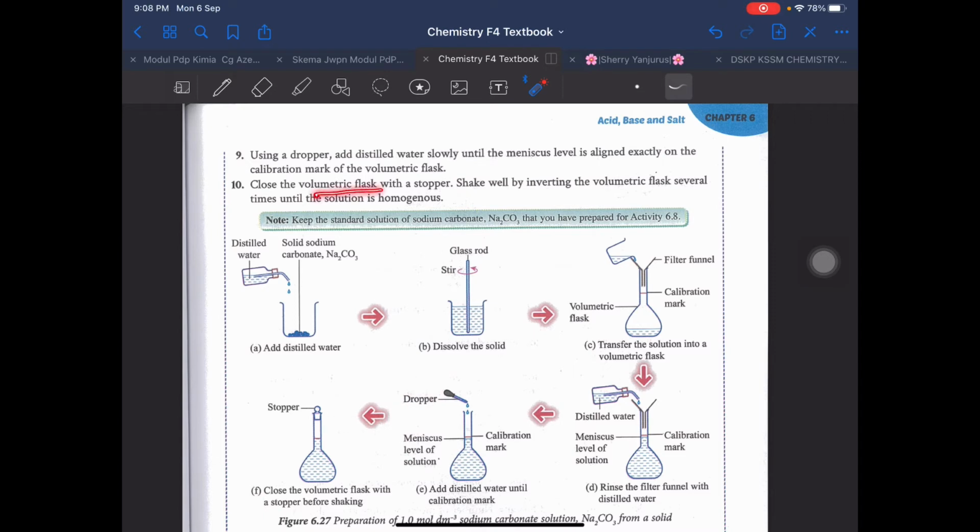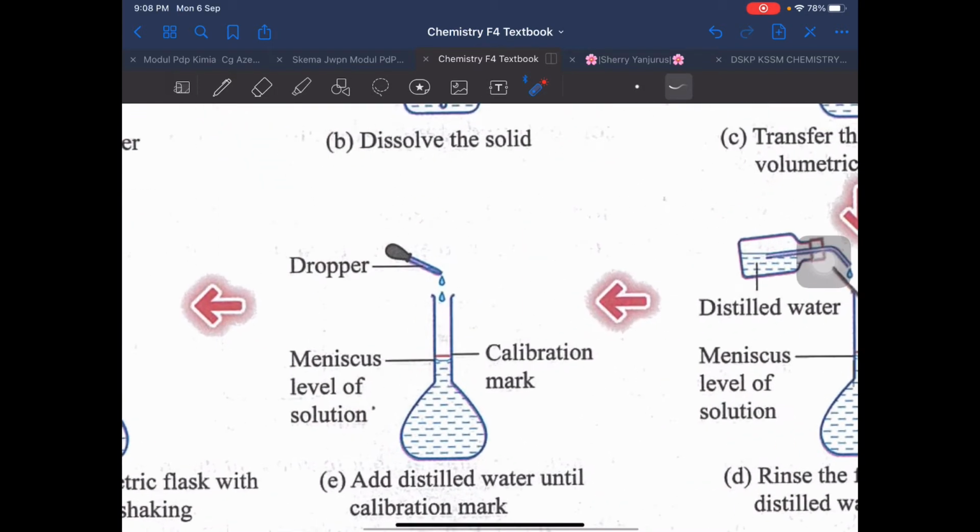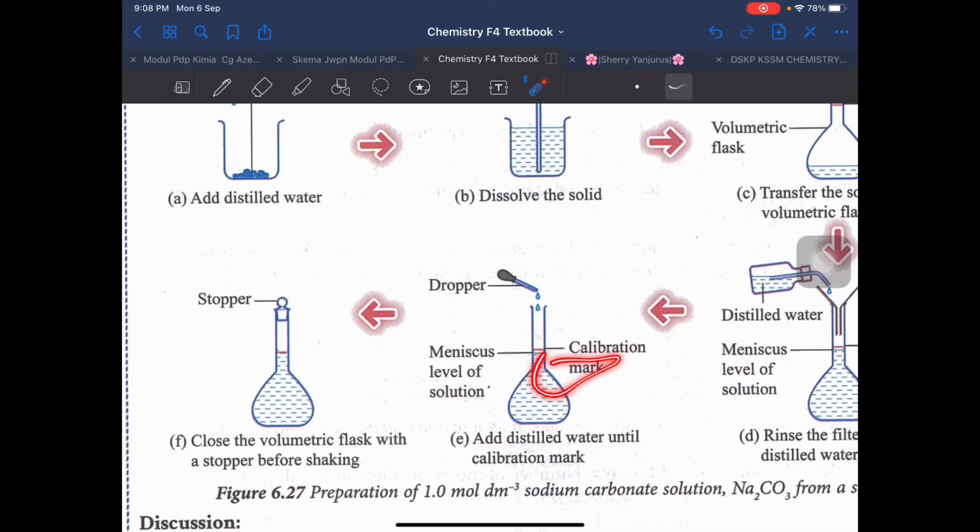Close the volumetric flask with a stopper, penutup dia. Shake well by inverting the volumetric flask several times until the solution is homogeneous. Okay. Apa yang kamu buat? After you reach the meniscus level, okay, the calibration mark, tutup. Invert it.